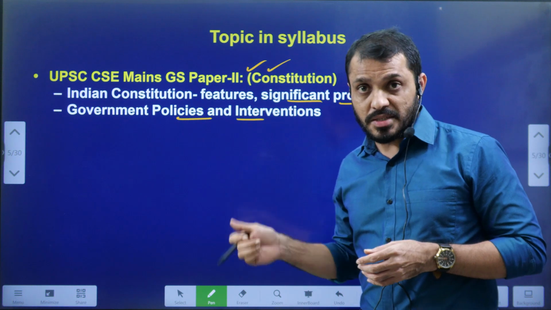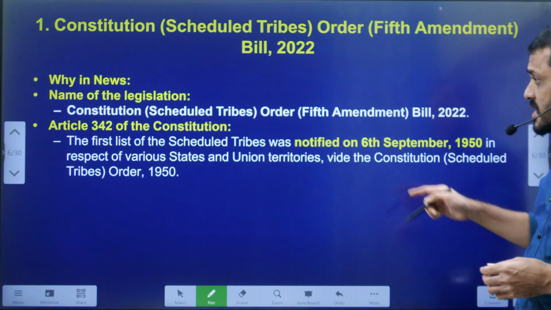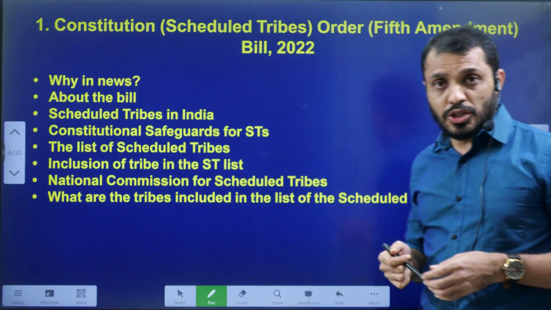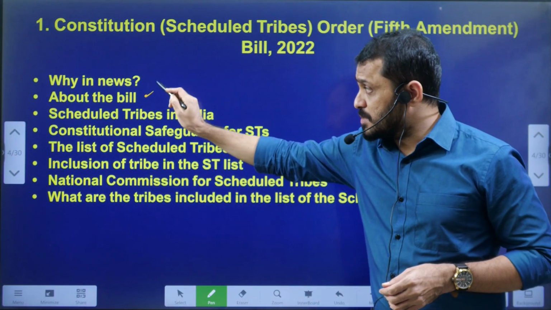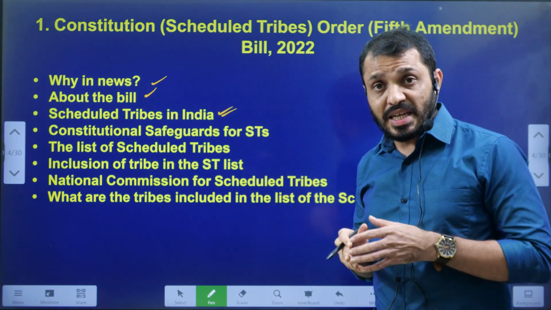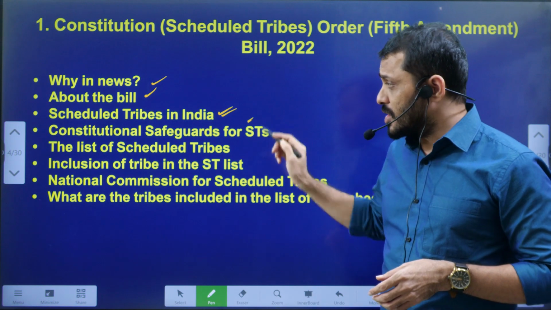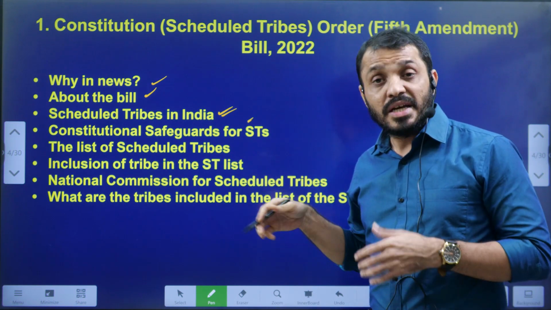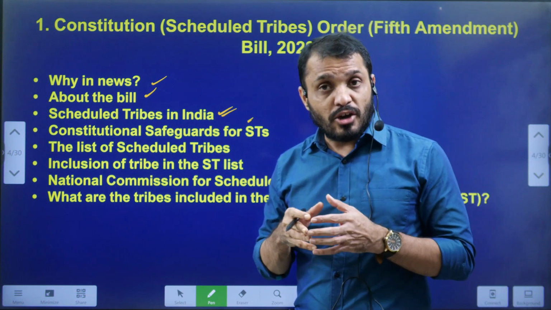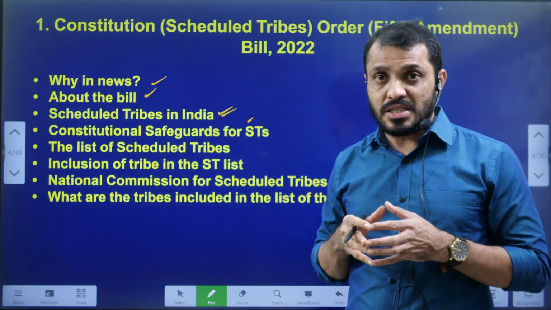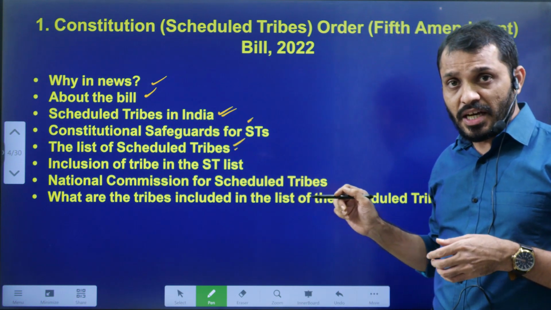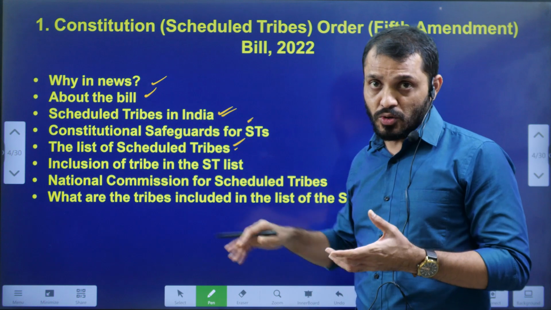Regarding the video components, in this video we are going to discuss the following: why it is in news, then about this particular bill, and scheduled tribes in India, majorly where they are present, and what are the constitutional safeguards given to scheduled tribes, in terms of educational, cultural, economic, and political safeguards. Then the list of scheduled tribes in India, major tribes, we will go through the map.